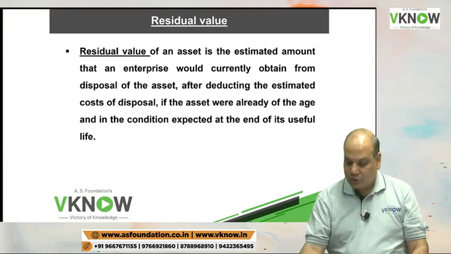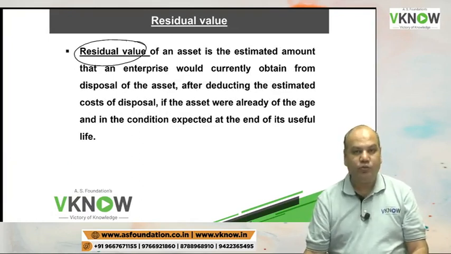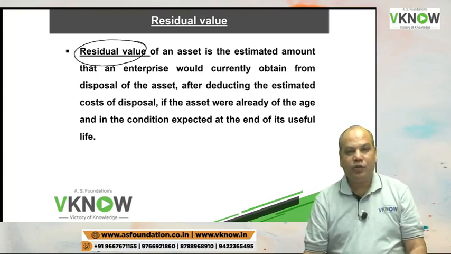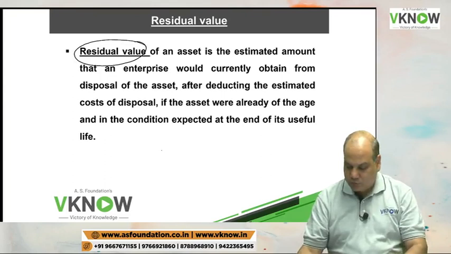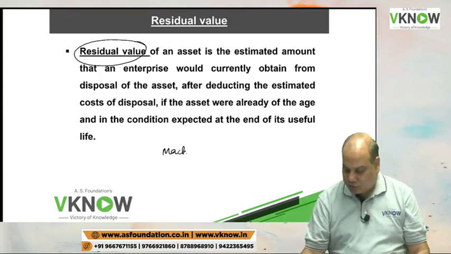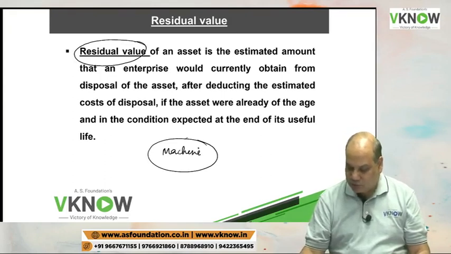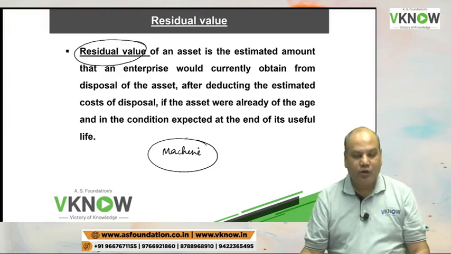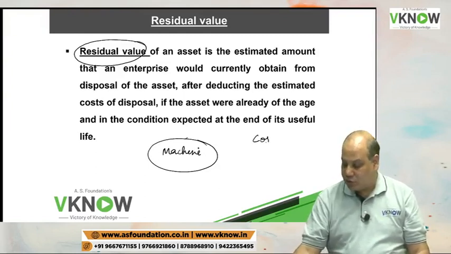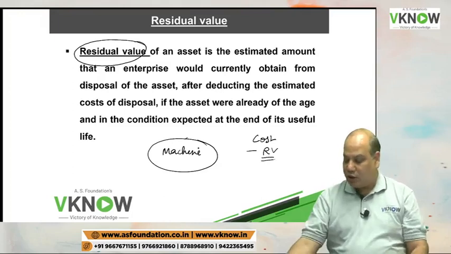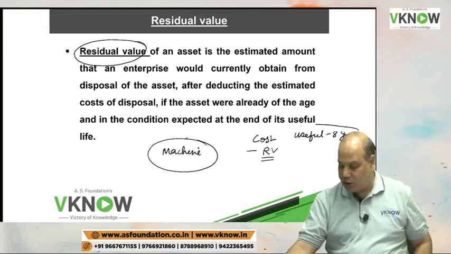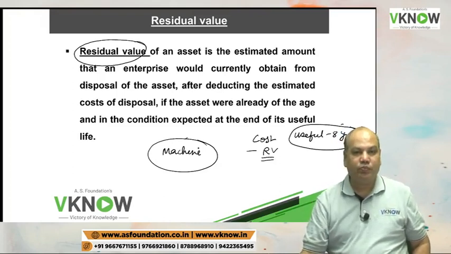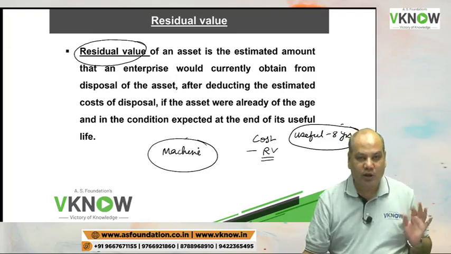Okay. What about residual value? How is residual value calculated? Suppose I have a machine. AS-10 says take cost minus residual value, and I estimate the useful life of this machine to be 8 years.